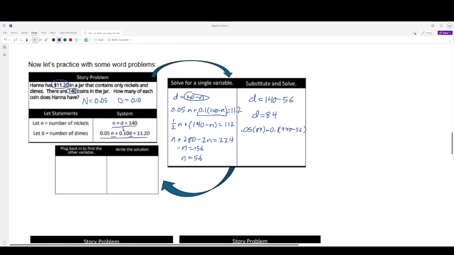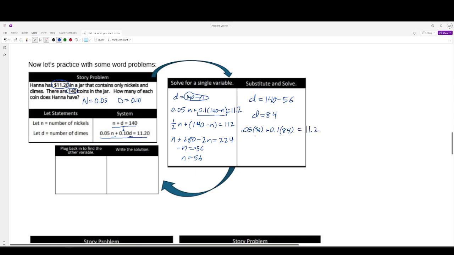Oh wait, the original equation was just d for that. Let me not complicate things even more. 0.1 times d was 84, so I already messed up by putting the dime number where the nickels go. So let's erase 84 here and put 56 for the number of nickels like it was supposed to be, equals 11.2.